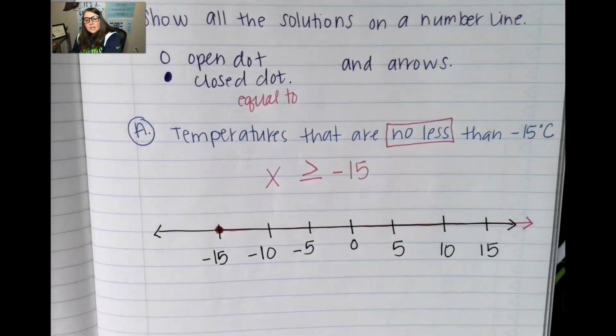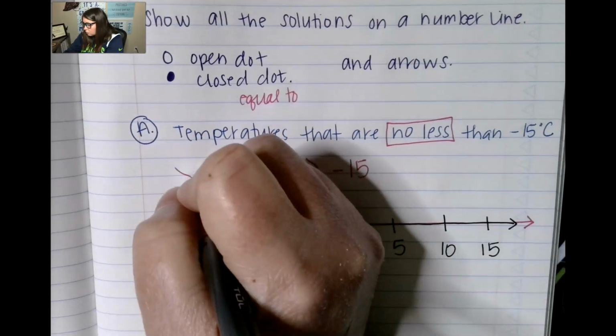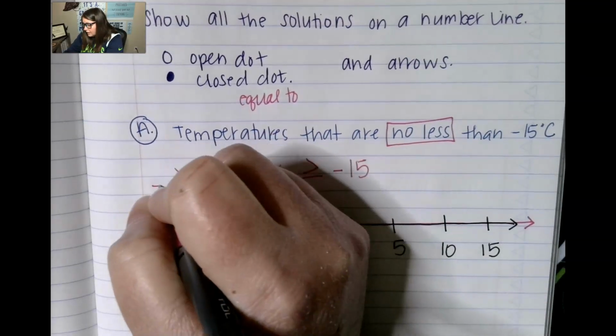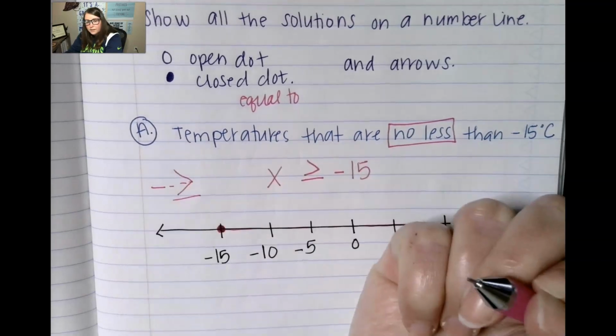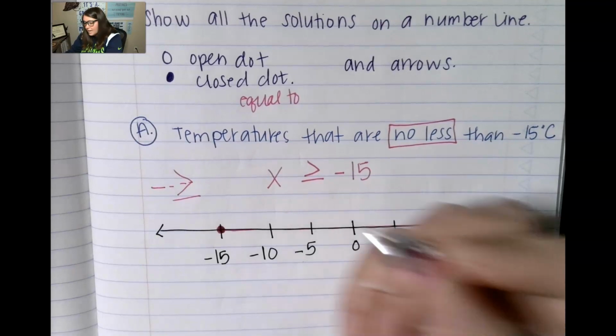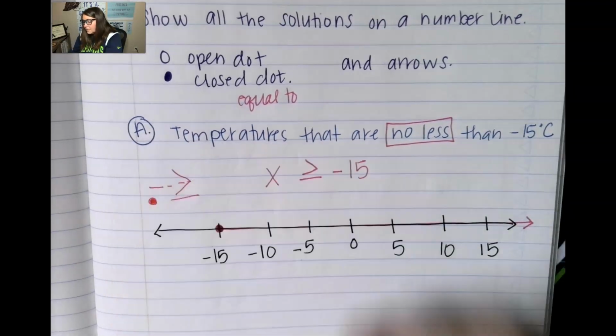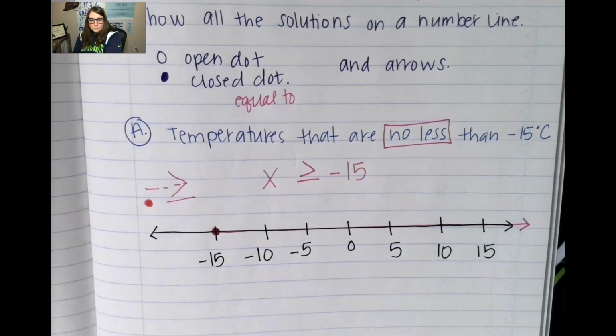Because it can include everything to the right, we just use an arrow to show that. You can also see that if you were to draw an arrow from this greater than sign, your arrow points that direction. Then this underline is equal to, so we're just going to use a closed dot.